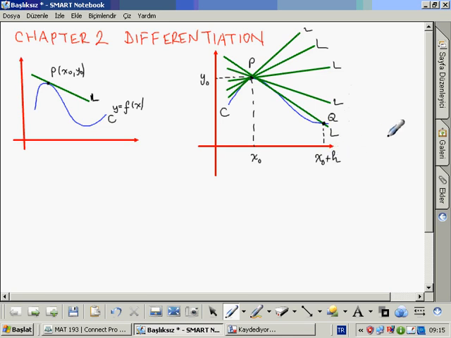Now we can define the Newton coefficient for these tangent lines, and it will be f of x0 plus h minus f of x0 over h.